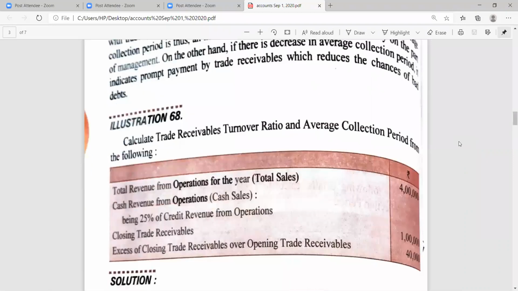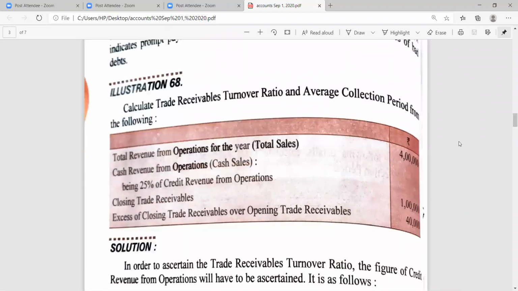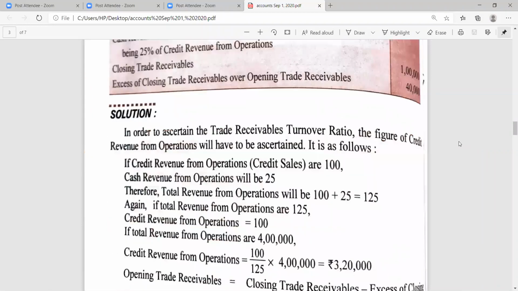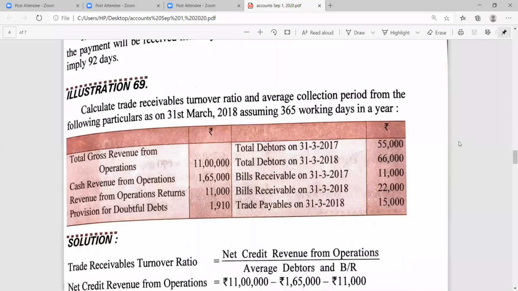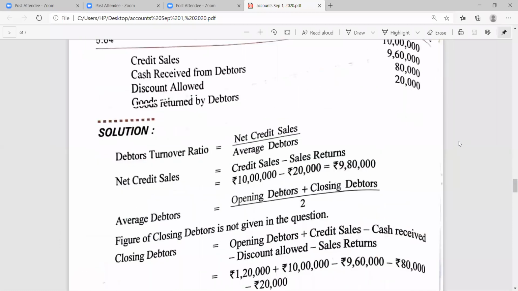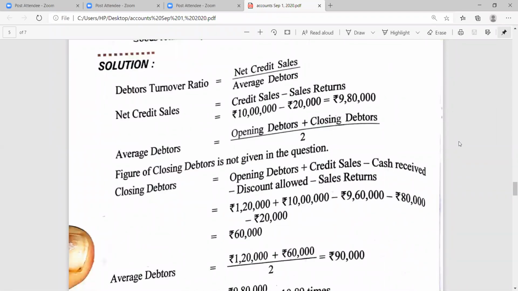And in the next case, we discussed the question in which returns are also given, and closing debtors are not given. With the help of this information, you have to calculate the closing debtors, then put all the values together and find out the ratio.